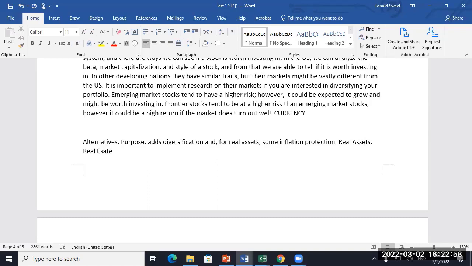Real estate, timber, commodities, other specialized. All right, so keep it organized like that. So real assets provide inflation protection. Real assets are real estate, timber, commodities, and the others. I don't know if the others really help with inflation all that much.